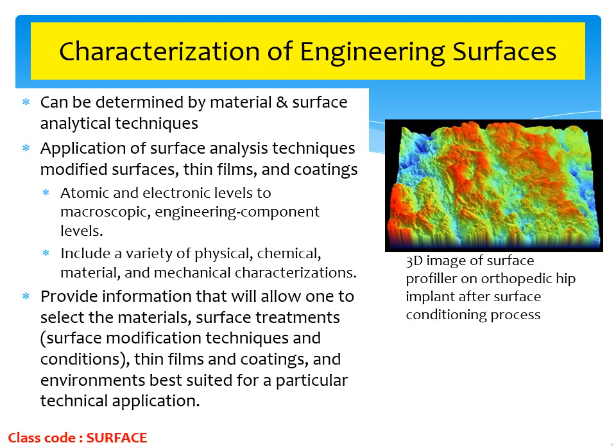Such techniques include a variety of physical, chemical, material, and mechanical characterizations. They can provide information that will allow one to select the materials, surface treatments, surface modification techniques and conditions, thin films and coatings, and environments best suited for a particular technical application.